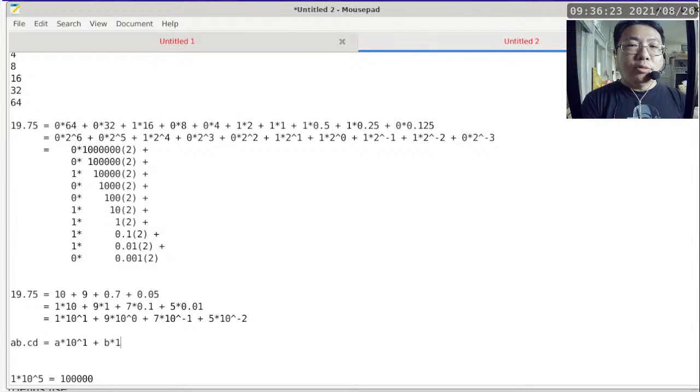B is representing the quantity of 10 to the power of 0. C is representing the quantity of 10 to the power of negative 1. And then D is representing the quantity of 10 to the power of negative 2. That is the convention. That's how we interpret a number in order to get to the value that the number is representing. Okay? But this is in base 10.